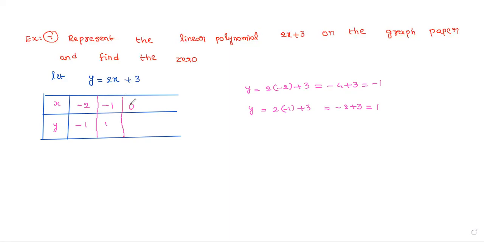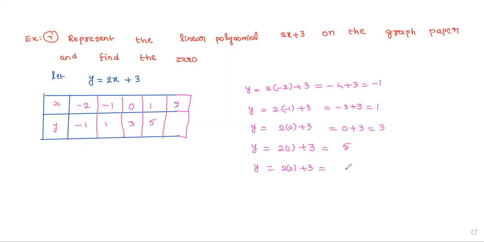Now substitute 0: y equal to 2 into 0 plus 3, 0 plus 3, that is the value 3. Next substitute 1: y equal to 2 into 1 plus 3, 2 plus 3, that is the value 5. Next substitute 2: 2 into 2 plus 3, 4 plus 3, that is the value 7.